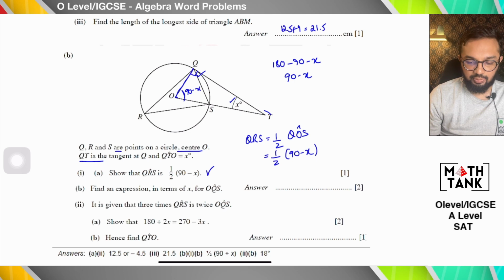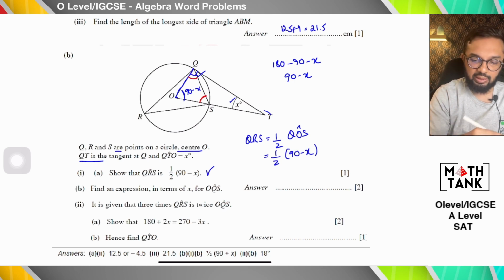Find an expression in terms of x for OQS. Okay, so I want this small angle. Now I know that these two angles that I've marked in red will be equal. Why? Because it's an isosceles triangle that I'm looking at. So let's call that angle y. Okay, I think y hasn't been used.